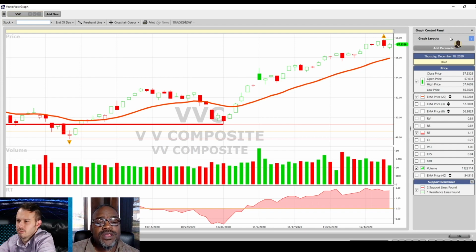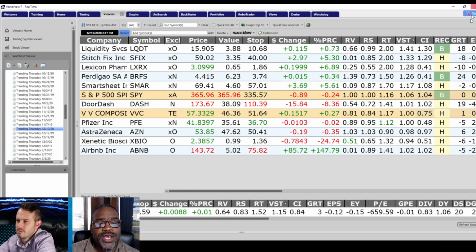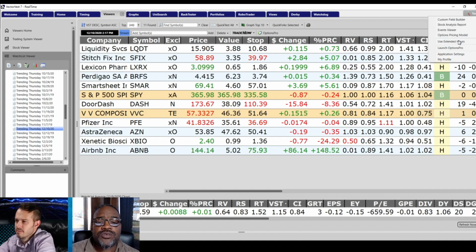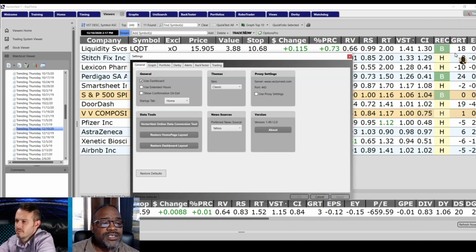All right, so let me close this out and let me go change the background. I got more people telling me they want black than not. So I'm going to go to Tools. I'm going to go to Application Settings. I'm going to change it to Classic. Click on Apply. I think it needs to be VectorVest 7 there.